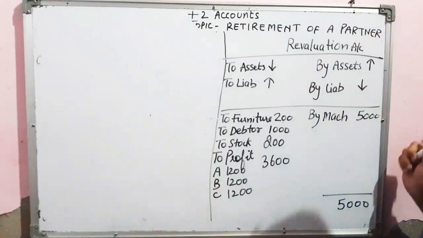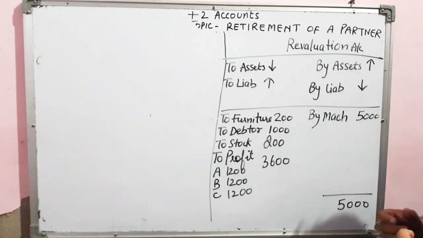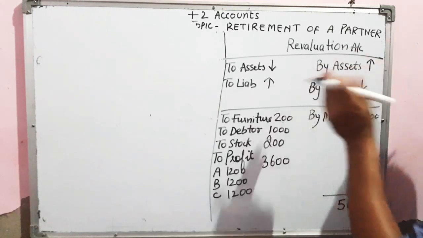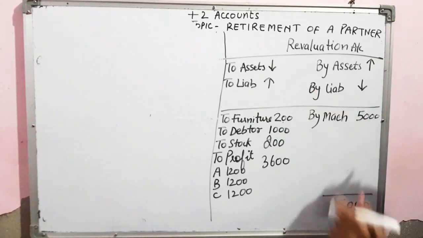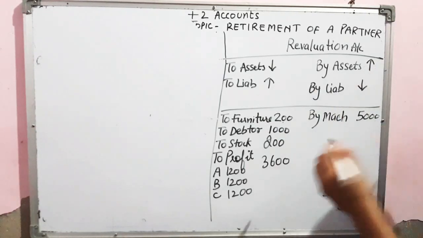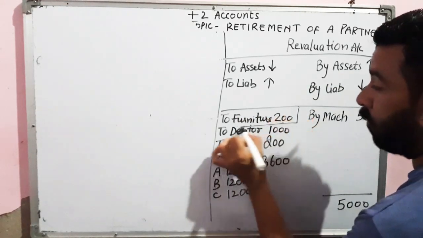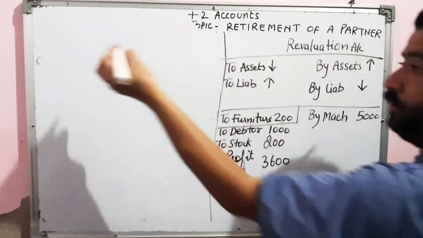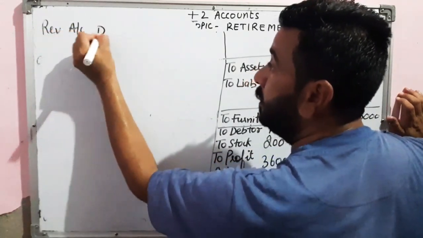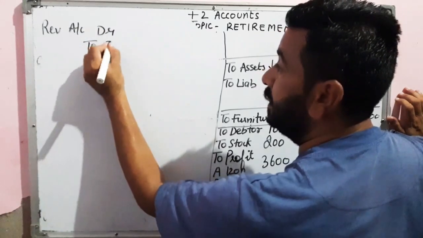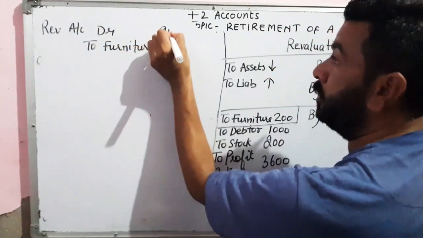Journal entries are very simple when you make the revaluation account, but without making the revaluation account, it is very difficult to pass the journal entries. For example, if we want to make the entry of furniture, the entry will be revaluation account debit to furniture 200.